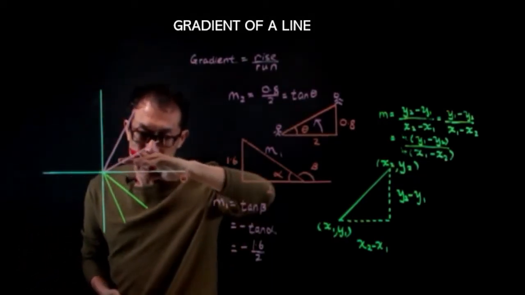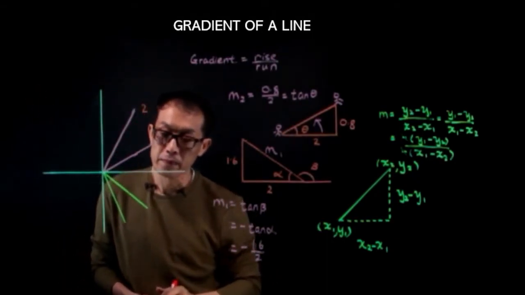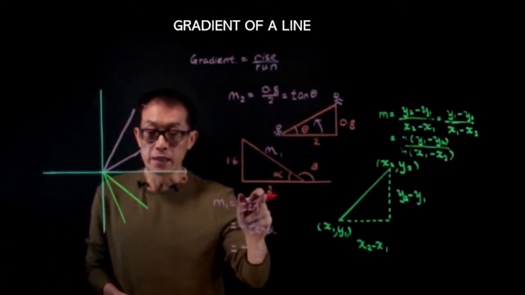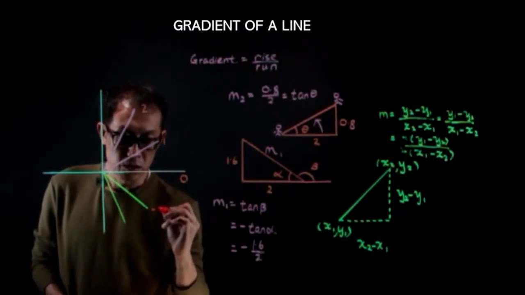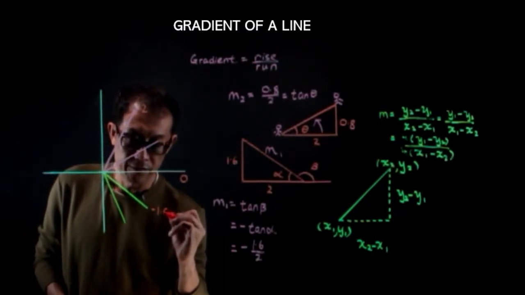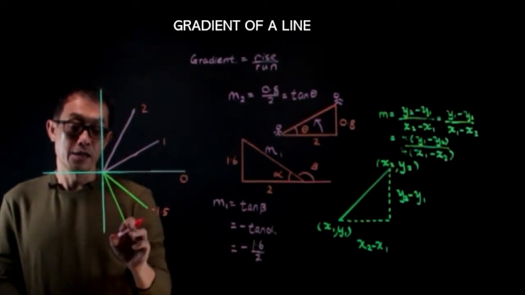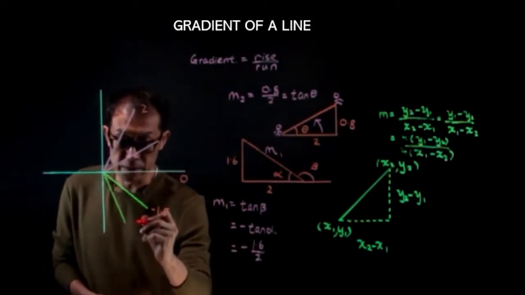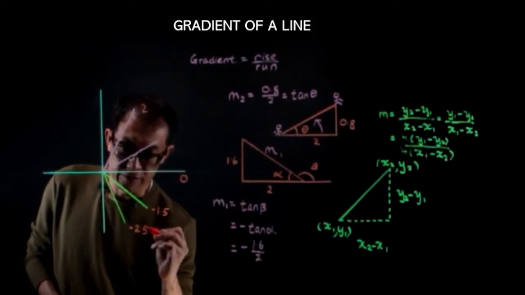Now, what happens if the line is going down this way? Then it has a negative gradient, just like this example. Let's say this is minus 1.5. Then this is steeper, so this one will be larger in terms of magnitude, perhaps minus 2.5.